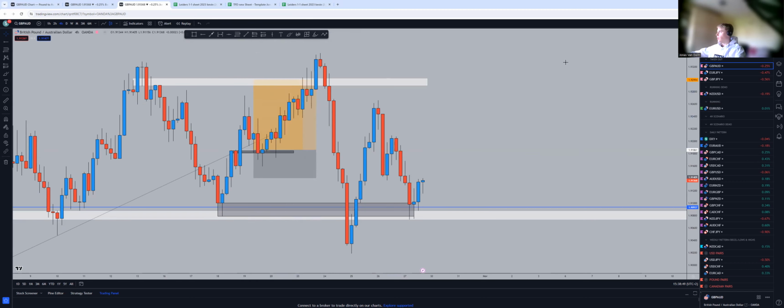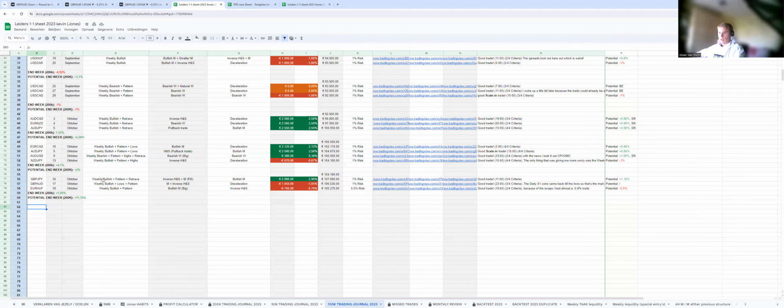So I will take a copy of that. Copy, I will go to my spreadsheet. This was on 19 October, and this was GBP AUD, like that. What we can see, I will just do it the 4 hour here.